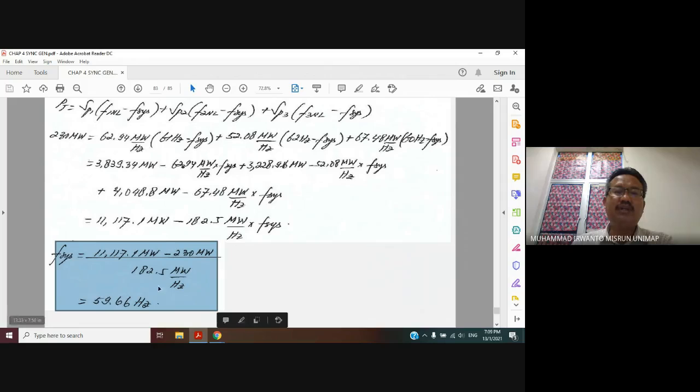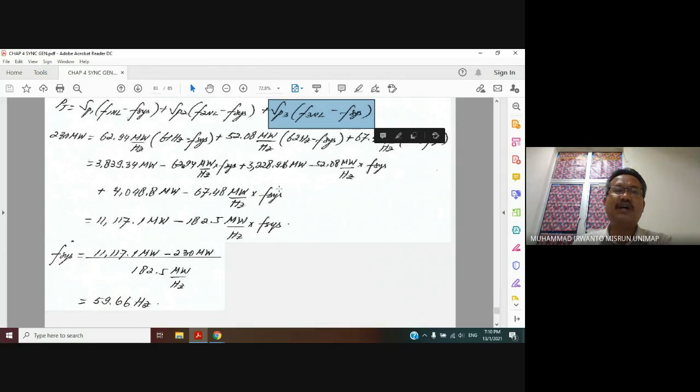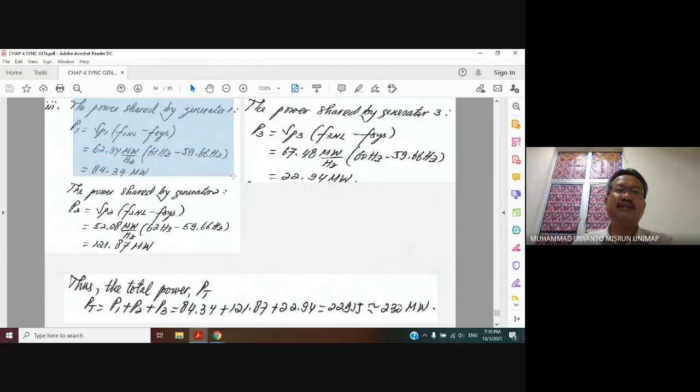Okay, from here we have obtained the value of the system frequency. We want to find the power that can be shared by each generator: this is for generator 1, this for generator 2, and this one for generator 3. We can find the power shared by generator 1: P1 is equal to SP1 multiplied by the no load frequency minus the system frequency.